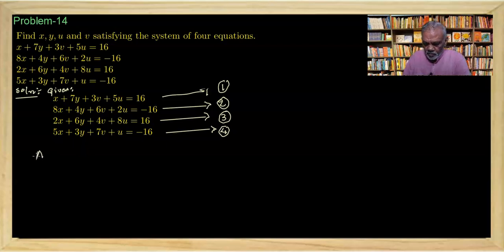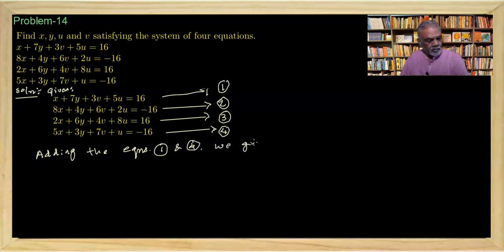Adding the equations 1 and 4, we get 6x plus 10y plus 10v plus 6u equal to 0.